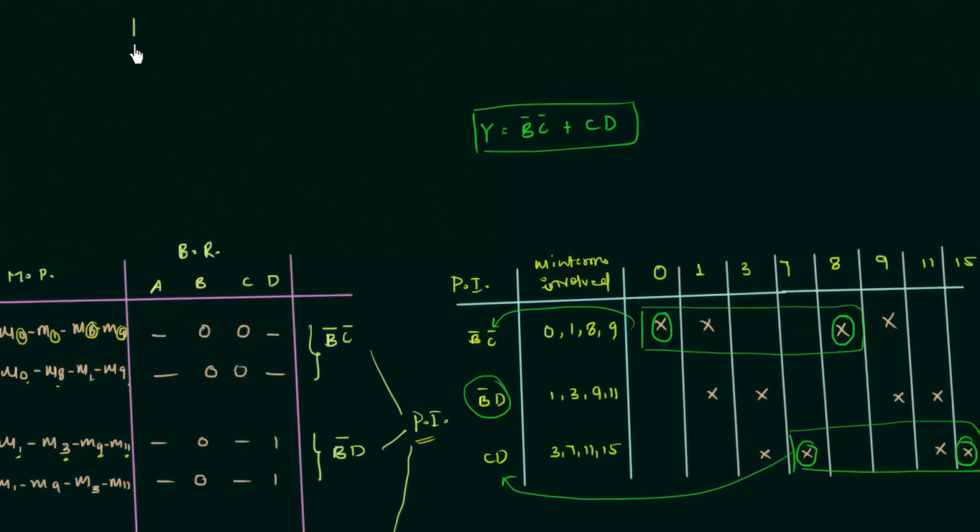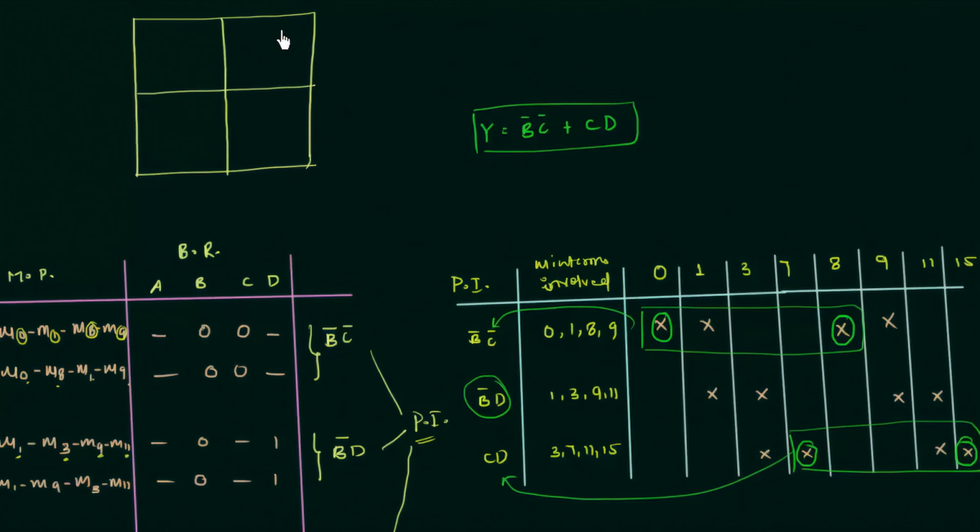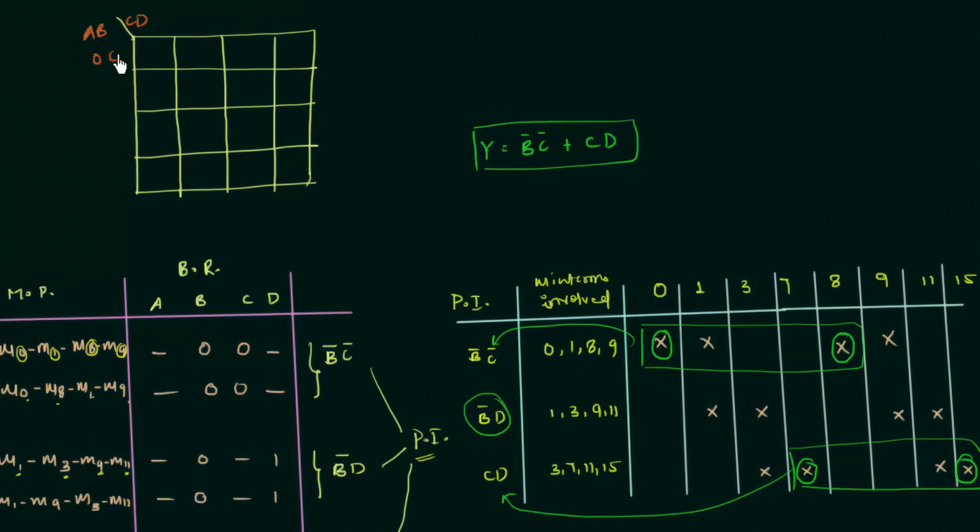If I draw a 4 variable Kmap, we are going to have 16 cells. Okay, this is our 4 variable Kmap. The variables are A, B, C, D, with 00, 01, 11, 10 along each axis.